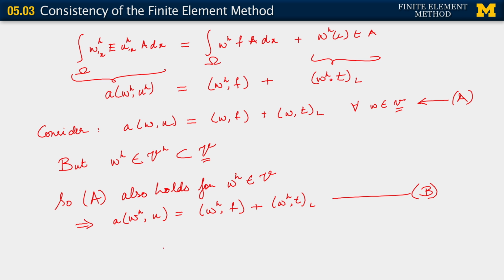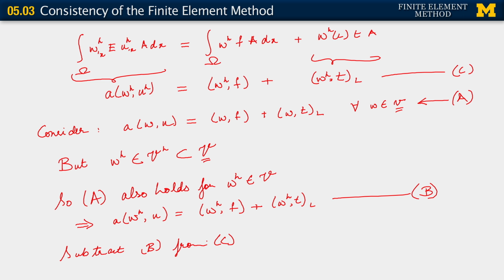Now, let me go back and label the proper finite dimensional weak form that we work with as C. Now what I'm going to say is subtract B from C. I'm going to go to the next slide and actually do this.